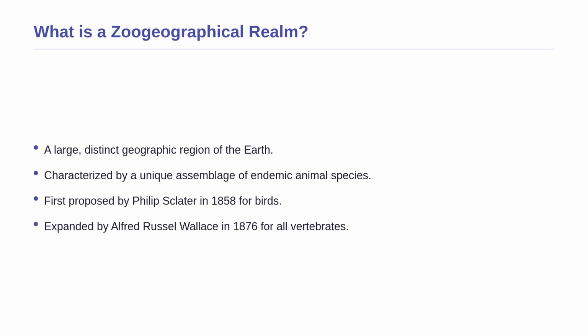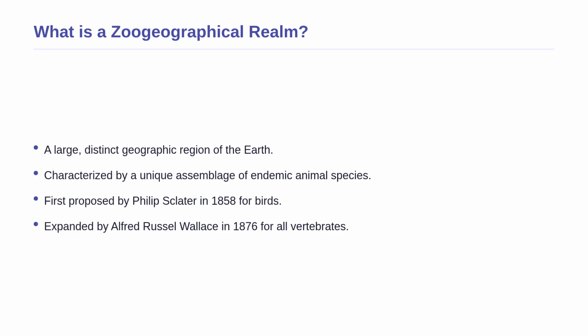Now that we have introduced the mystery of animal distribution, let us define what these biological neighborhoods actually are. In the scientific study of animal distribution, a zoogeographical realm is a massive, distinct geographic region of the Earth. What makes it special is that it contains a unique assemblage of endemic animal species, meaning animals that are found nowhere else.